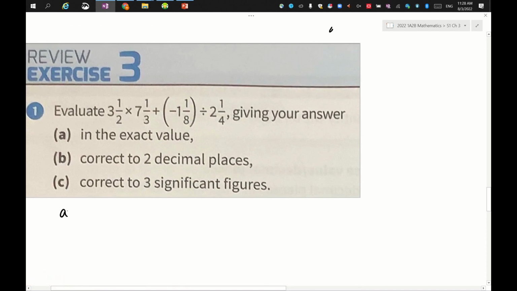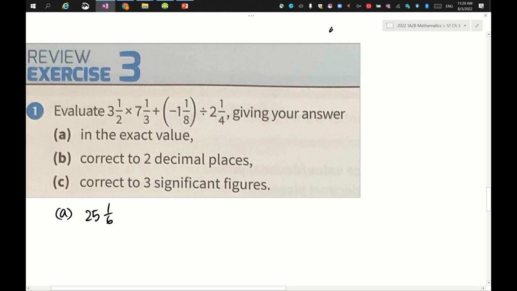Okay, simple. 3.5 times 7 1/3, then the last bracket negative 1 and 1/8, close bracket, divided by 2 and 1/4. You get what exact value? So I have 25 and 1/6.